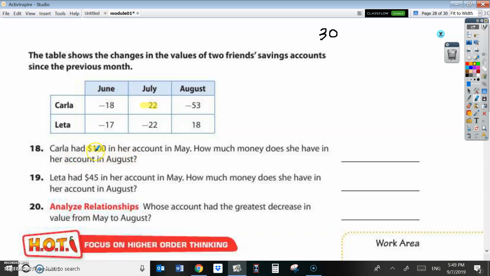So we need to combine positives, we need to combine negatives, and then put those two together. 100 plus 22 is 122. And then 53 plus 18.